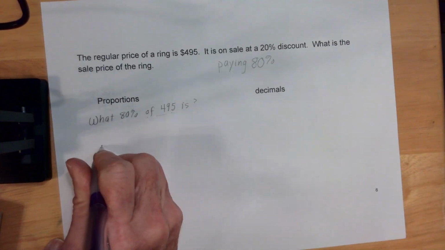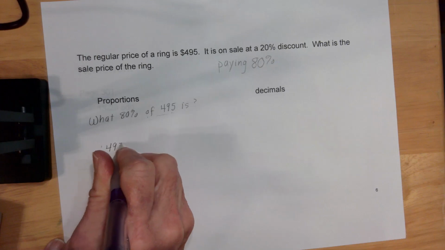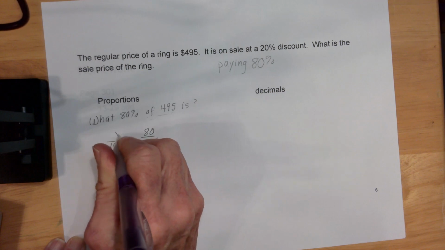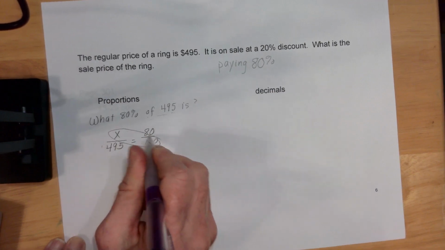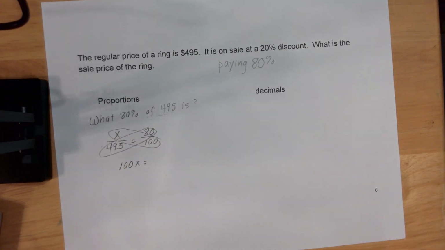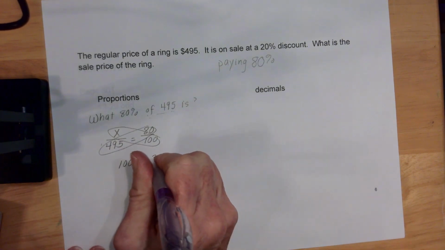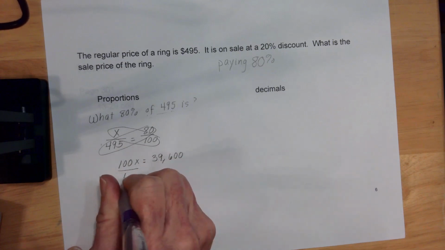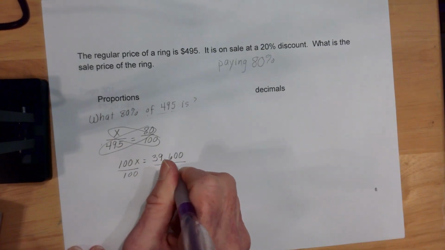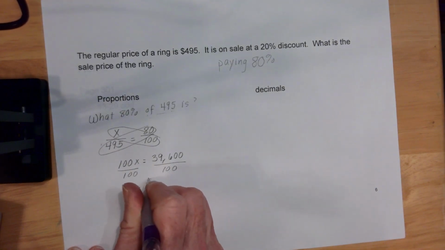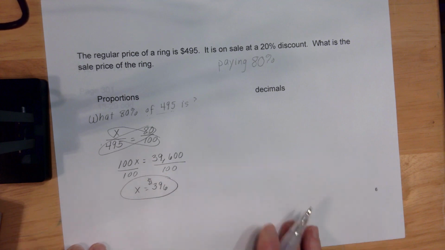The number after of goes on the bottom, so I have 495. I know the percent, so I have 80 over 100, and this is going to be your x. So I cross product, and I get 100x is equal to 39,600. I'm going to divide by 100, and I'm going to get x is equal to 396. Now understand that's dollars, because we're wanting to know how much we pay for the ring.